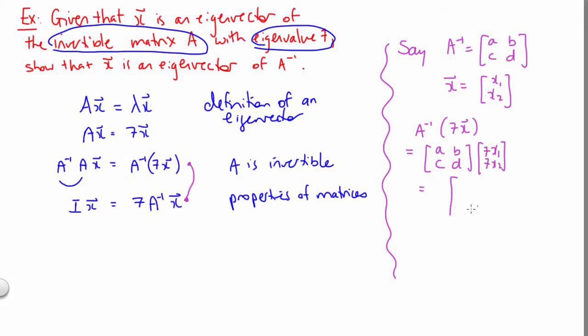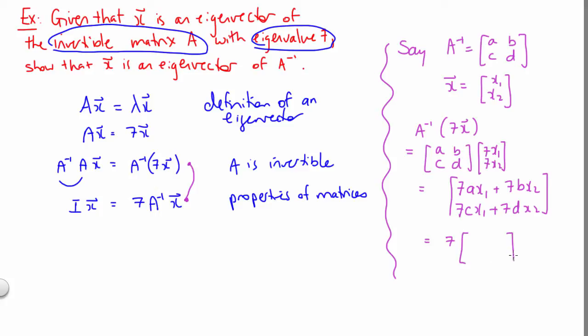If we actually did that matrix multiplication, the a would multiply with the 7x1, so I'm going to write that 7ax1 plus 7bx2. In the second component, we'd have 7cx1 plus 7dx2. And the idea is that each of these terms in each of the components has a 7 in it. So that 7 could be pulled out in front.